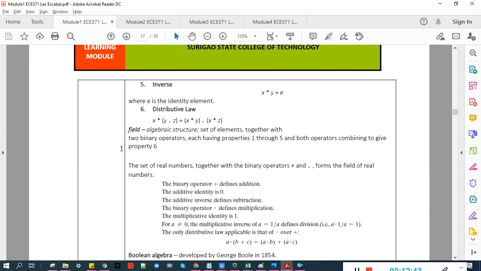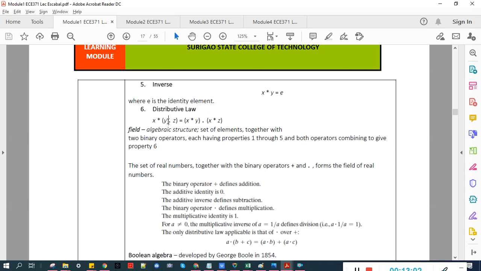Distributive law. In distributive law, we will distribute the operation within the groupings. If we have this binary operator, then there are parentheses.